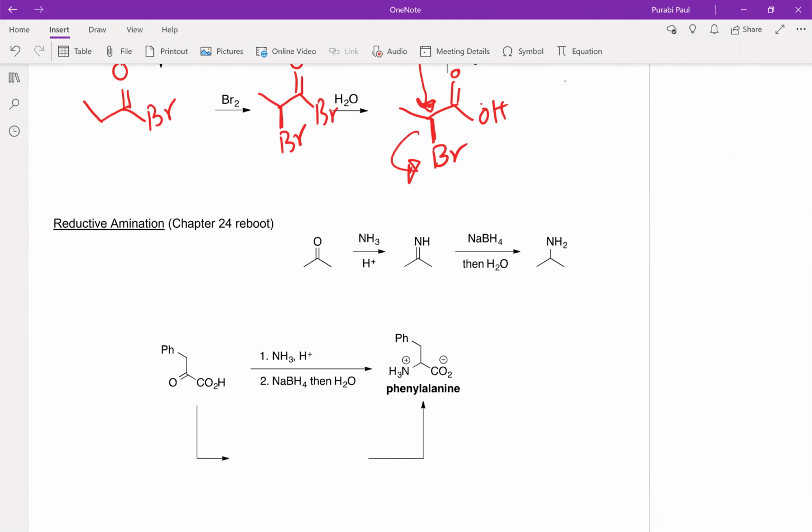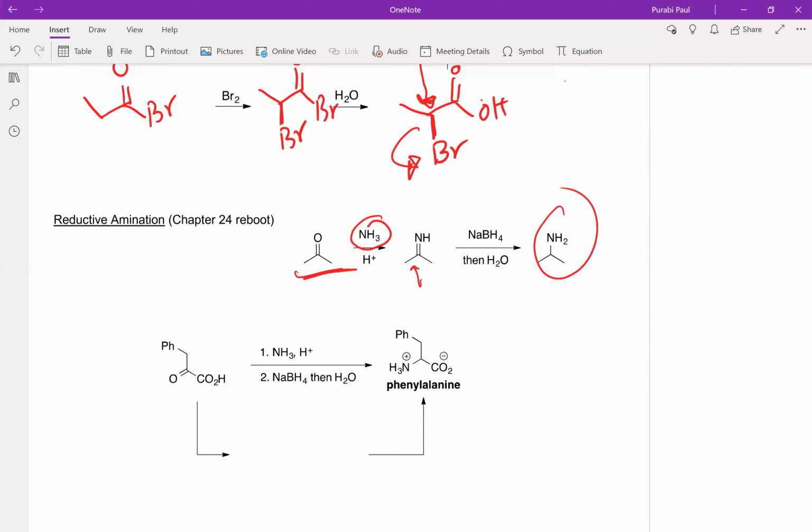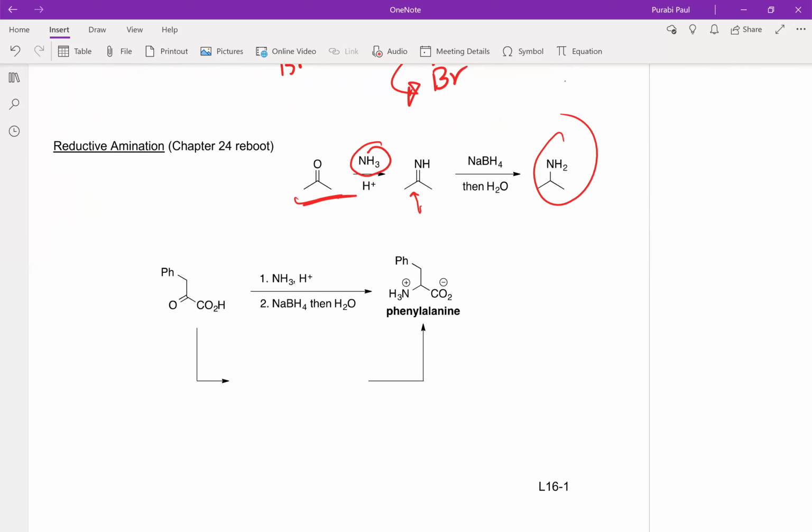Next, another one we could do is reductive amination. Remember, when you react an aldehyde or a ketone with an amine, you replace the C double bond O with C double bond N. So that's what you did here. You made an imine, and that imine could be further reduced to give you the amine. In this case, you have both a carboxylic acid and a ketone in the same molecule.